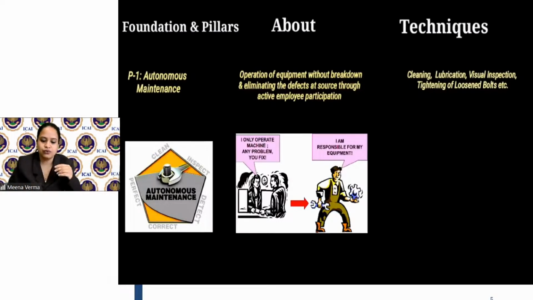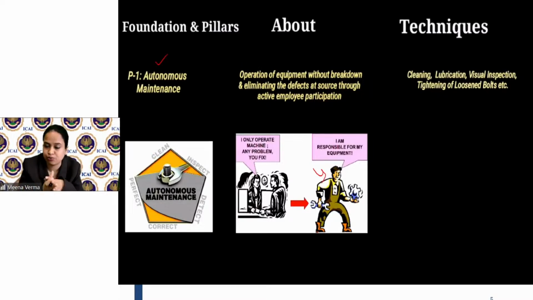But now the worker is actually taking the responsibility. Okay, I will fix any problem if it arises in the company. So in autonomous maintenance, the worker is taking the responsibility of the machine. It is now the responsibility of the operator to keep the machine in good condition, right? So the operator of the equipment is responsible to maintain the machine, not the engineer, right?